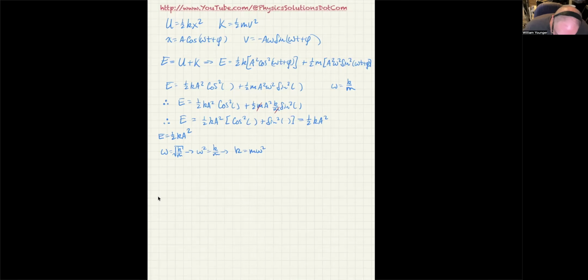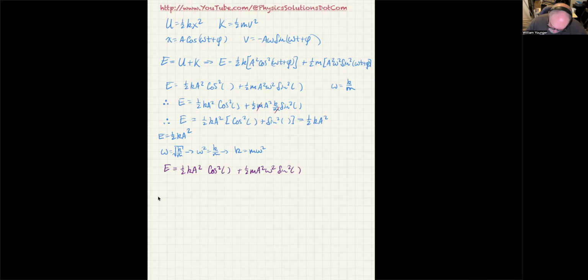Now, if we plug that back into this other equation, let me write it again. I'm going to write it in purple this time so you'll see we're doing something slightly different. This is 1/2 k A squared cosine squared, blah blah, plus 1/2 m A squared omega squared times sine squared, blah, blah, like that.